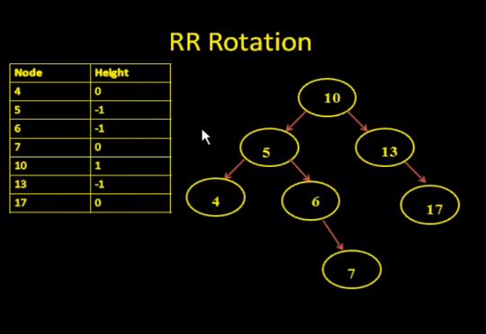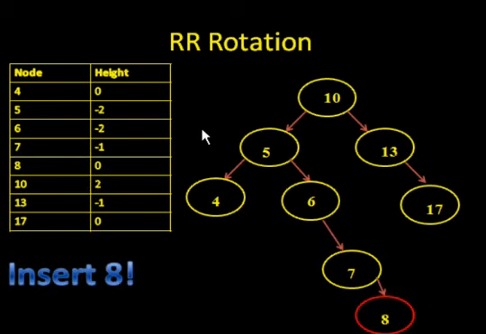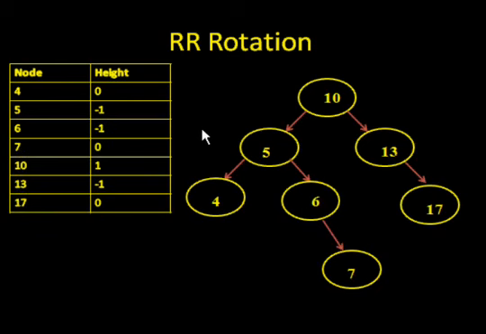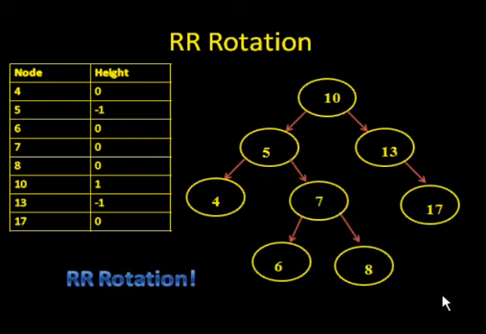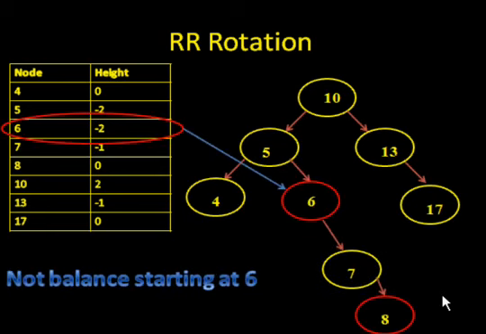For a right-right rotation, if we insert a node like 8, then we insert the node into the right side of the node that's unbalanced now. So we can perform a right-right rotation, which is a mirror image of the left-left rotation.